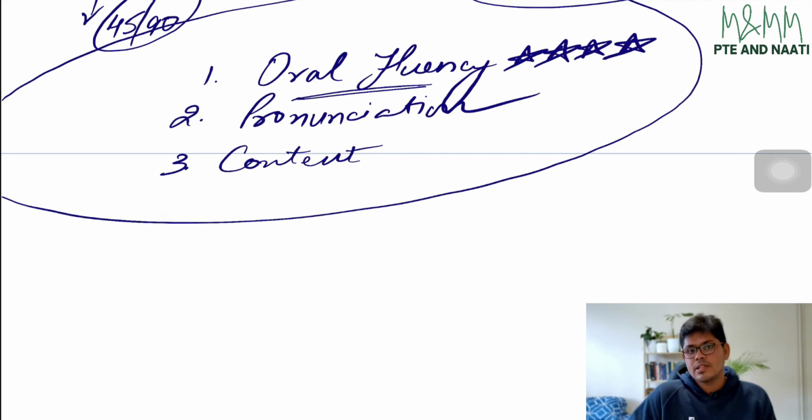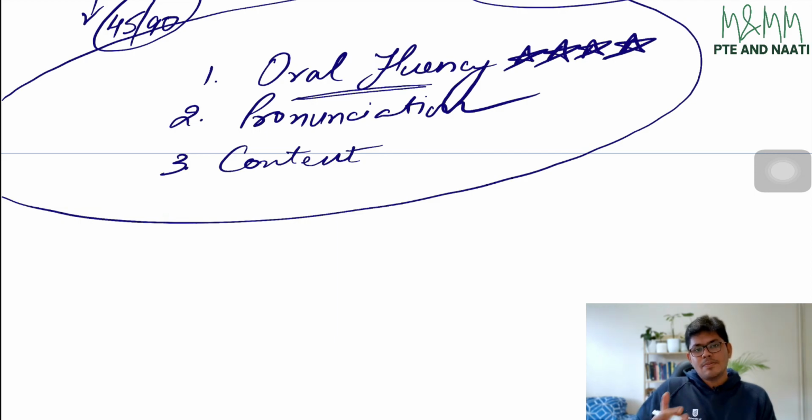You have to understand that fluency means to be able to speak in a way which is clearly understandable to anyone and everyone. For example, let's say right now I am speaking, and from what I am speaking, I hope you understand that I am not speaking very fast.